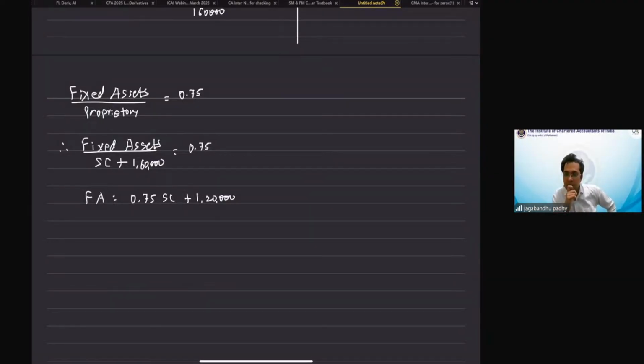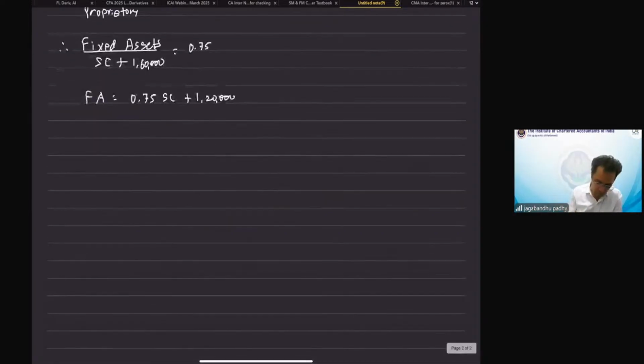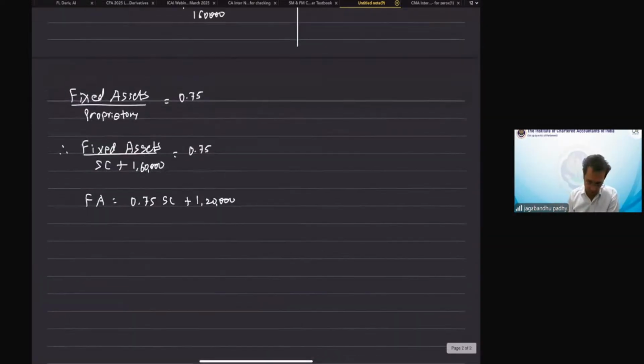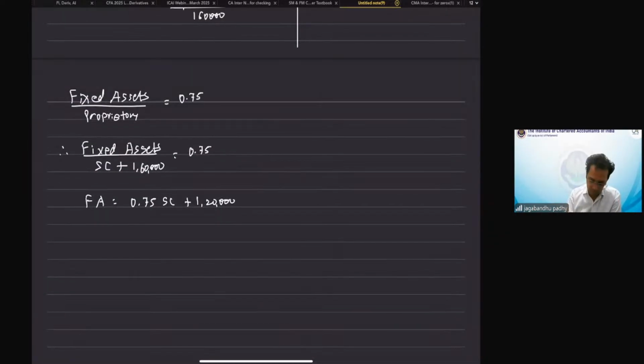Total liabilities, yes. Dharni, you're exactly correct. We just need to look at this fundamental equation. How 1 lakh 20,000 came: this entire thing multiplied by 0.75, that is 0.75 into share capital plus 0.75 into 1 lakh 60,000.